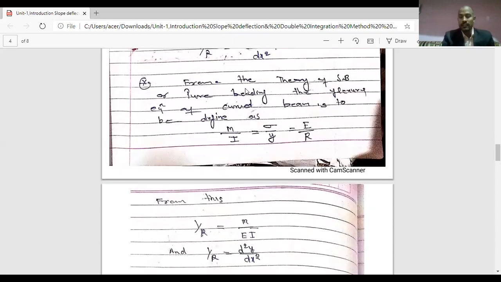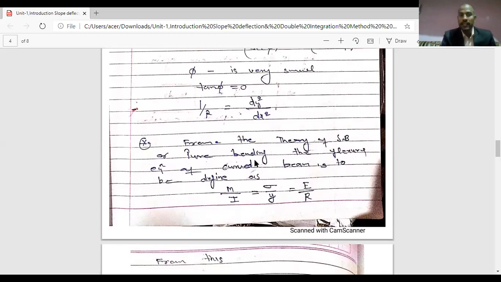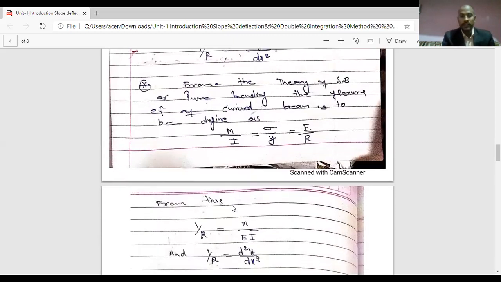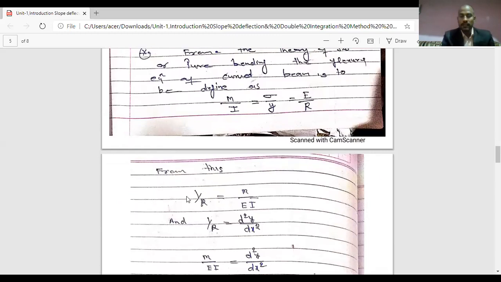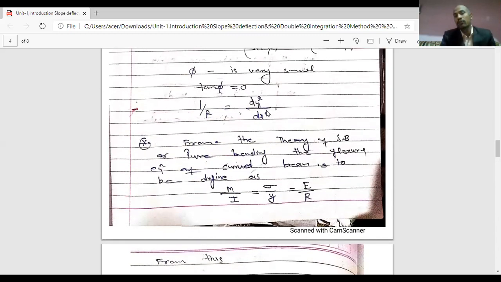From this equation, we derive 1 by r easily, in terms of M and I. So from this equation, 1 by r equal to M by EI. We know 1 by r equal to d square y by dx square.